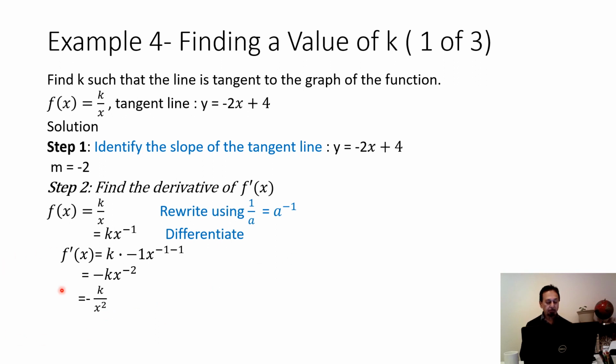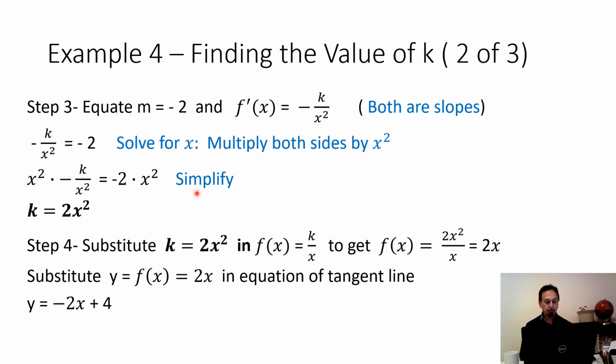Now as we know, the first derivative represents the slope of the tangent, and the slope of the tangent is also given as m equal to negative 2. So we'll equate these slopes. We equate the slope m equal to negative 2 and the first derivative negative k over x squared.